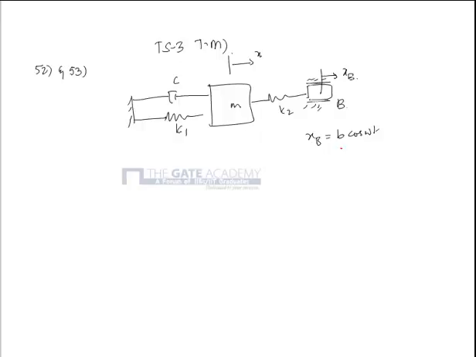Attachment B is given a motion b cos omega t, and the first part is to find the equation of motion for the mass m. The only way is to draw the free body diagram of mass m when it is displaced by amount x.